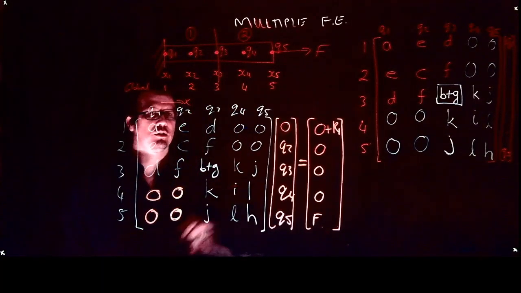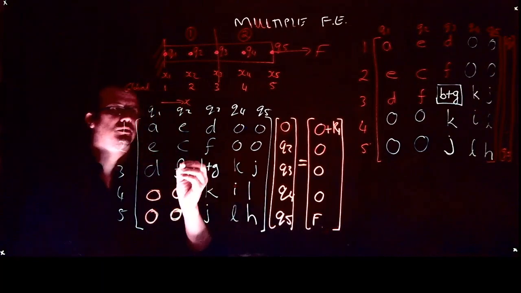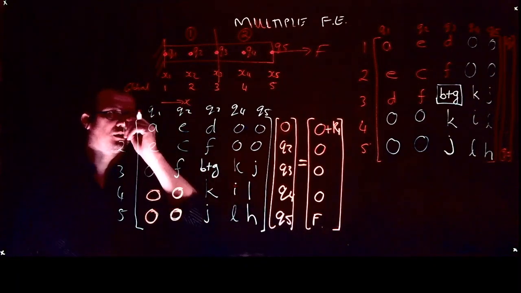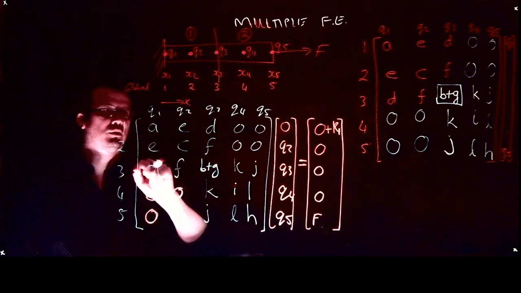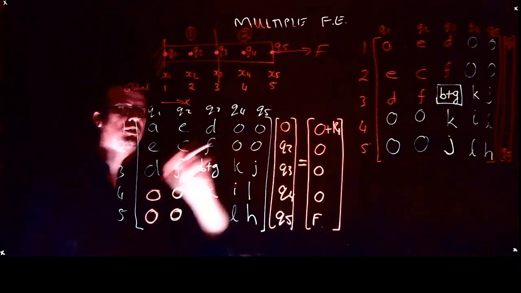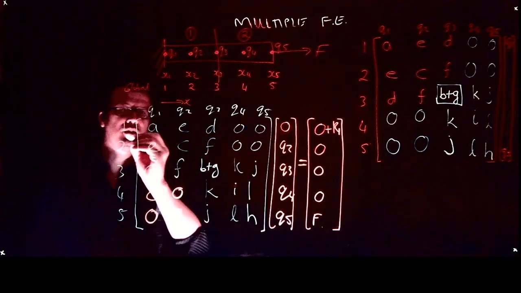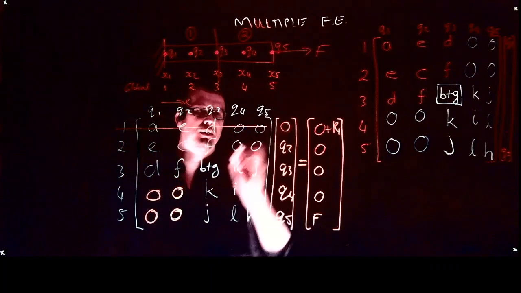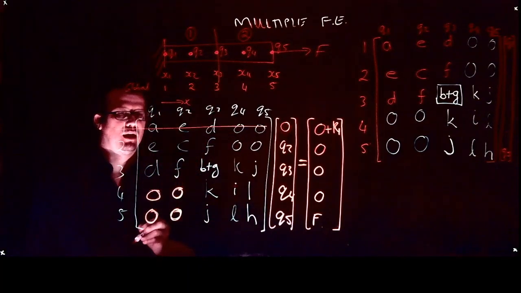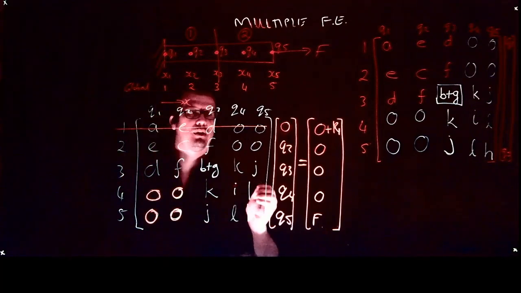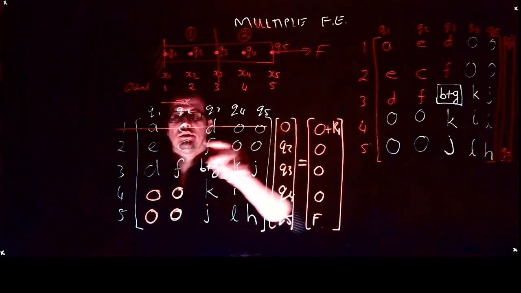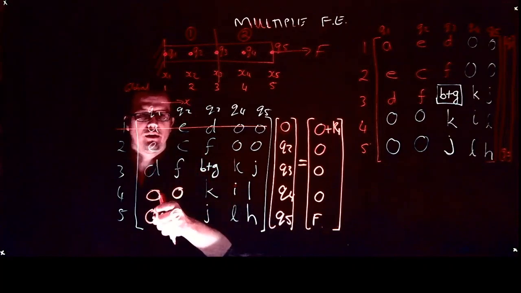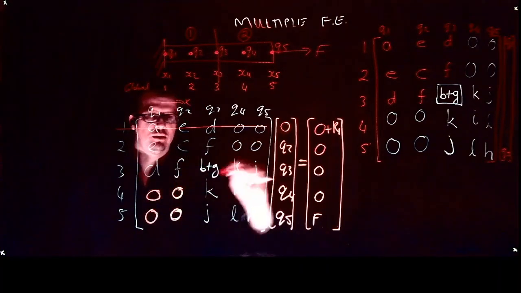It is associated with a node that is known, so that force balance we're not going to use in the beginning, and we're going to eliminate it. I'm going to draw a line through it so that you can see the elimination visually. What we're left with is these 4 rows.